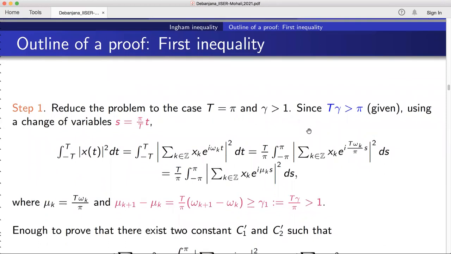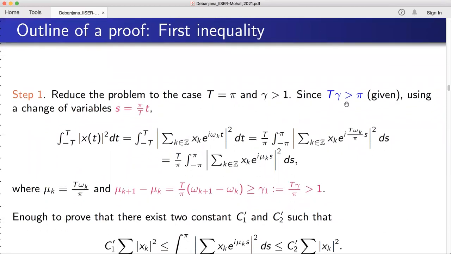Since you know that capital T times gamma is strictly greater than pi, you do a simple change of variable, and the interval minus T to T changes to minus pi to pi.